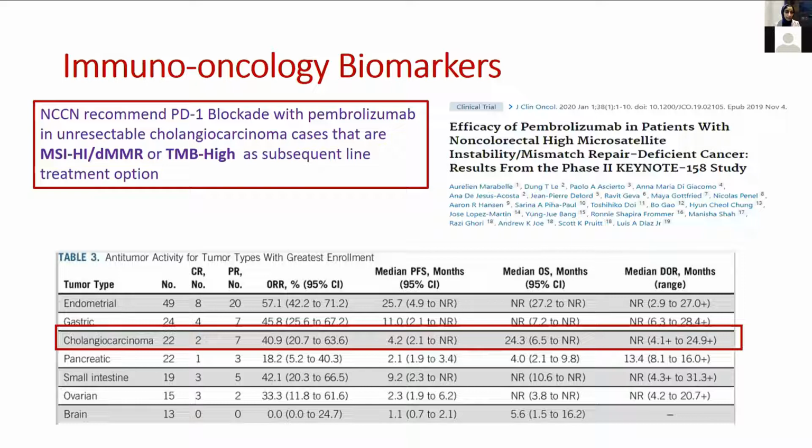And this trial also included a cholangiocarcinoma cohort that displayed benefit from a survival perspective with treatment with pembrolizumab. So NCCN recommends PD-1 blockade with pembrolizumab in unresectable cholangiocarcinoma cases that have MSI high or TMB high as a subsequent line treatment option. So we also want to test for MSI and TMB in the metastatic setting.